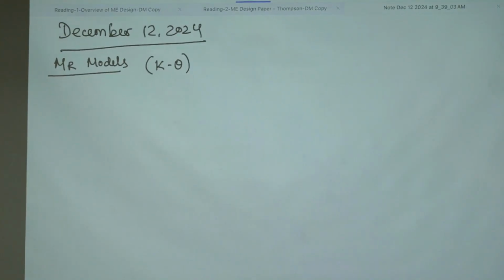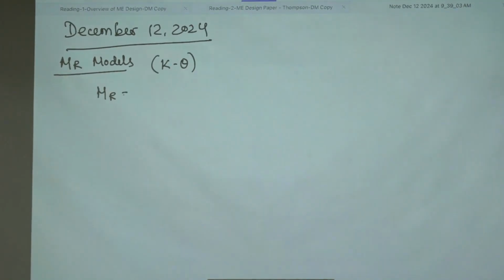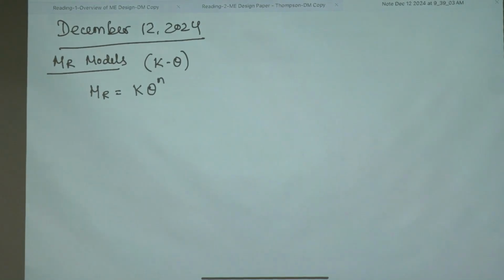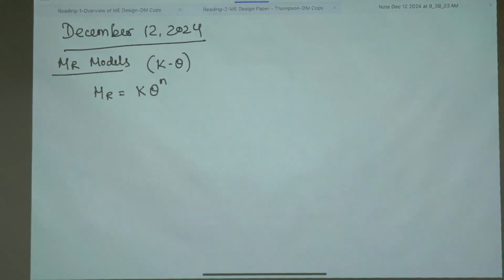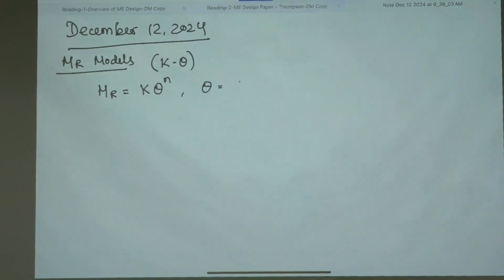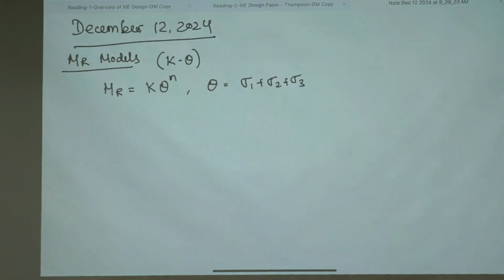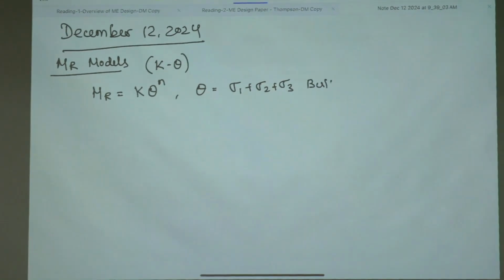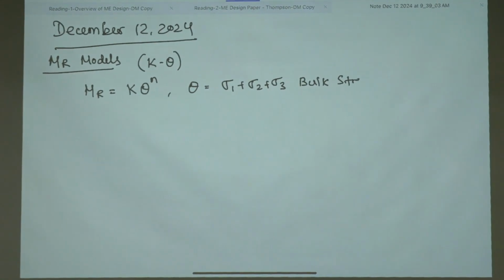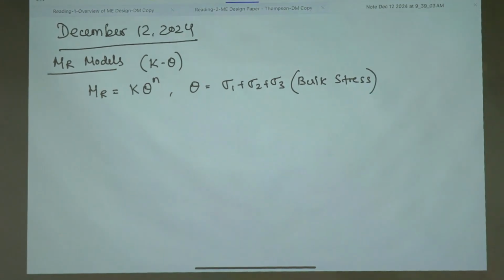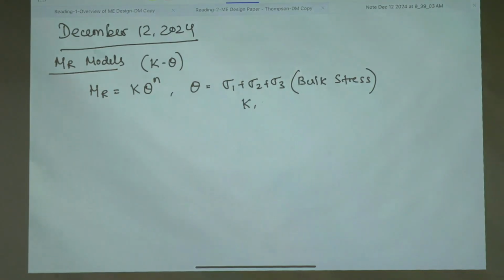And so the formulation is MR equals K theta raised to the power n, where theta is the bulk stress, and that is sigma 1 plus sigma 2 plus sigma 3, and that is bulk stress. And K and n are model parameters.